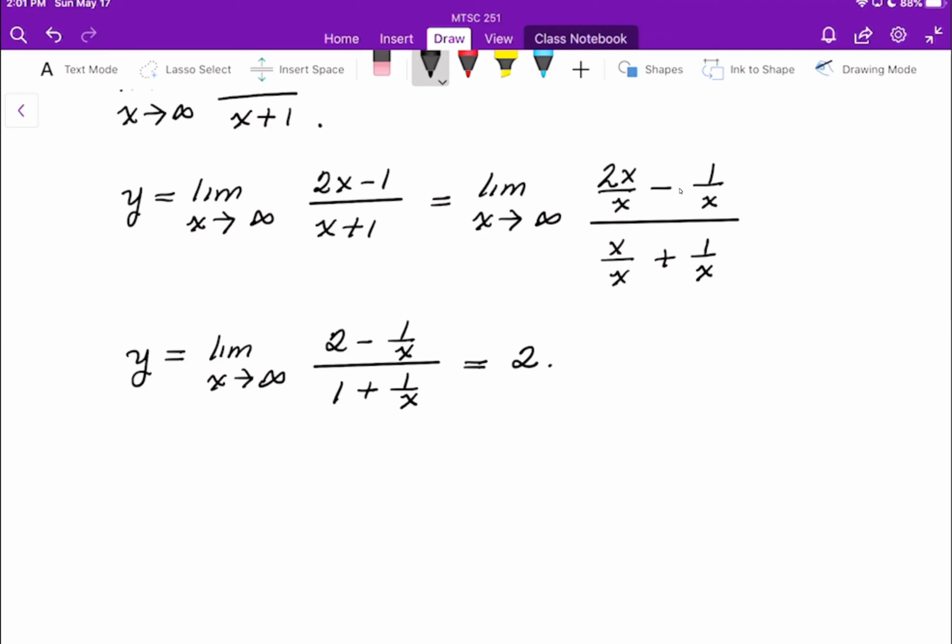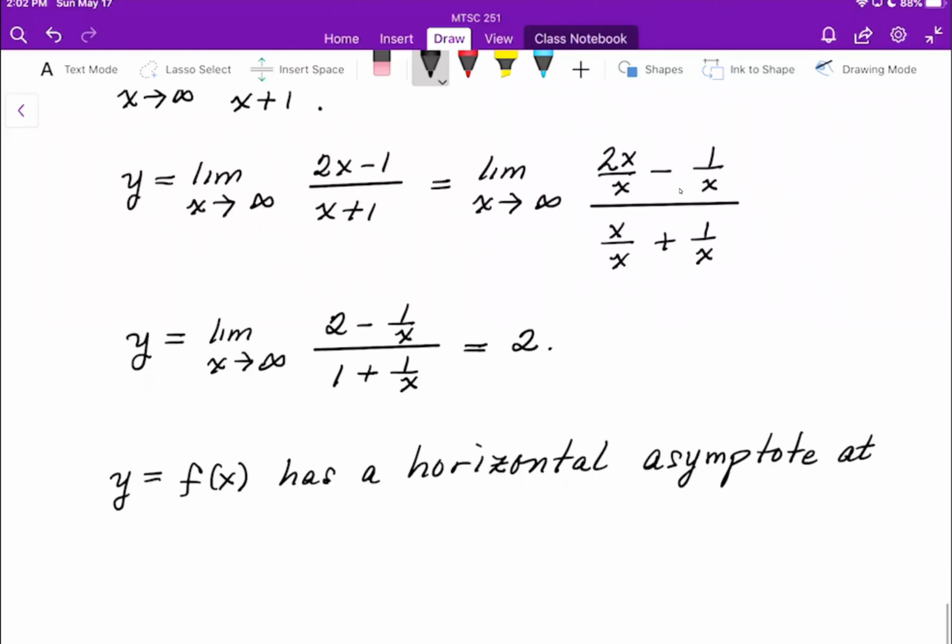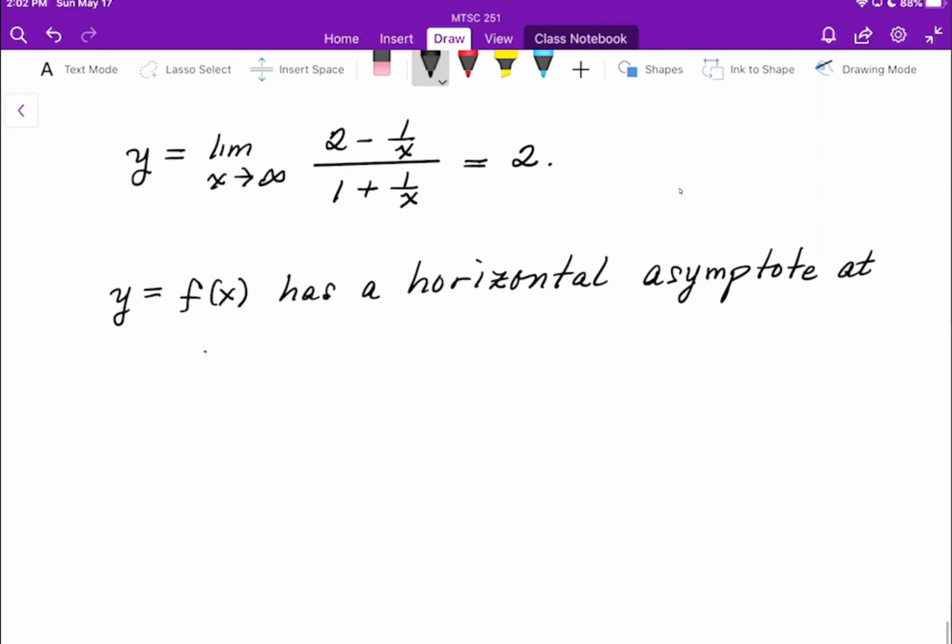So we can now say this function y equal to f of x has a horizontal asymptote at y equal to 2.